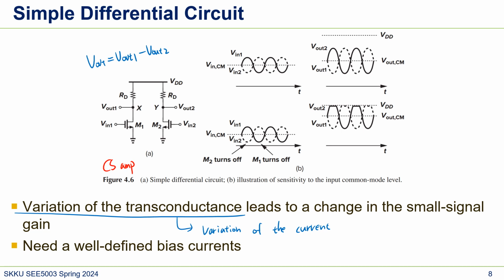So as I said, V out Cm is VDD minus RD ID, where ID is COX, W over L, and then V in Cm minus VTH.